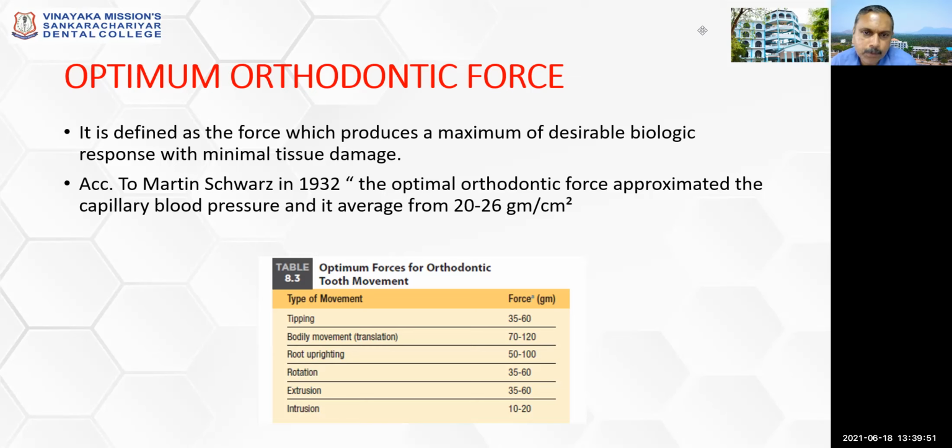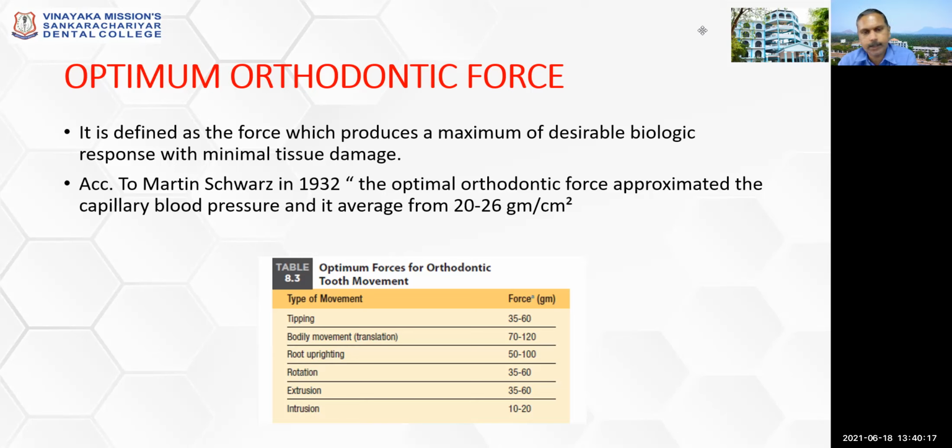So what are the optimum forces required for different tooth movements? Note down the different types of tooth movements possible orthodontically: tipping, bodily movement, also called translation, root uprighting, rotation, extrusion, and intrusion.